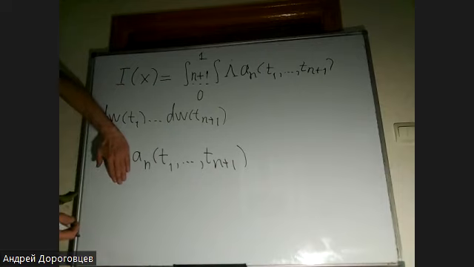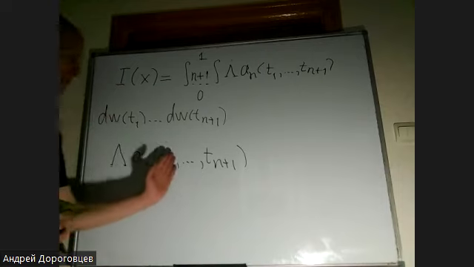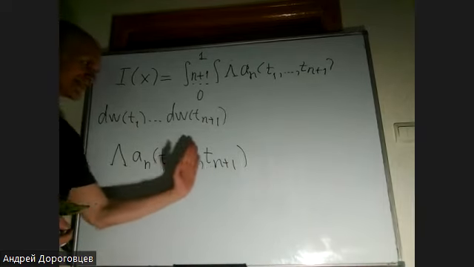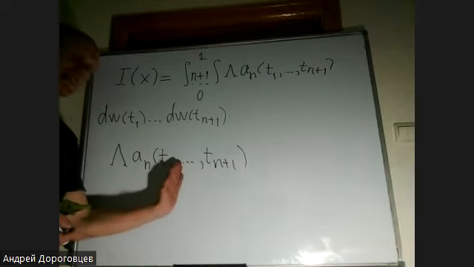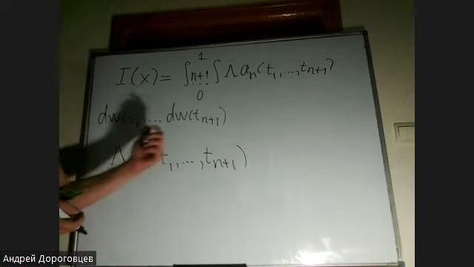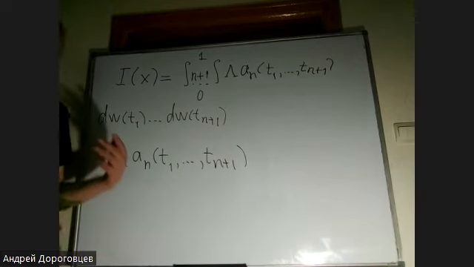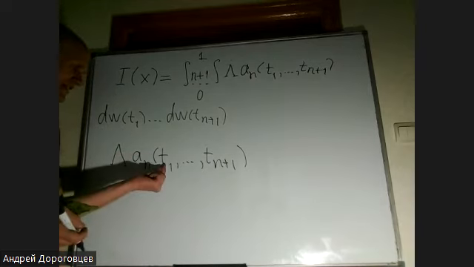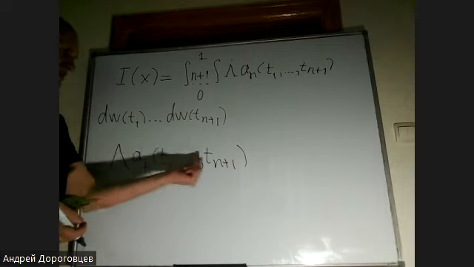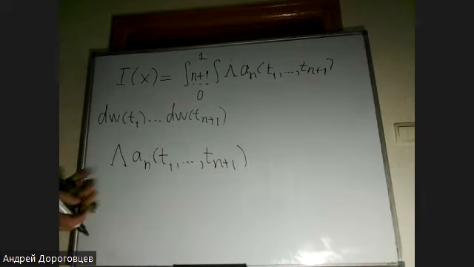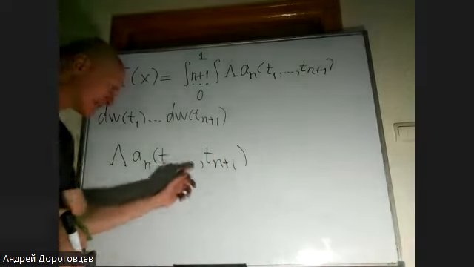And here it is already symmetric under permutations of all these variables from the second to the n-th.